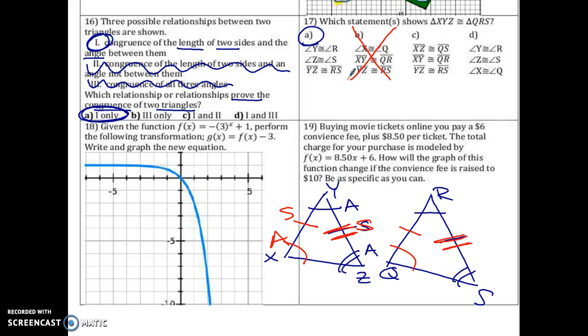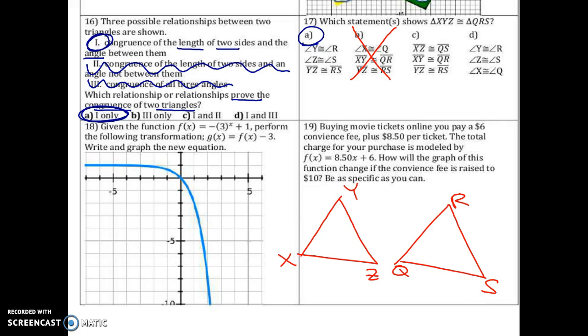So XZ and QS are congruent, XY and RQ, and YZ and RS. So that's side, side, side. So C is also going to work.